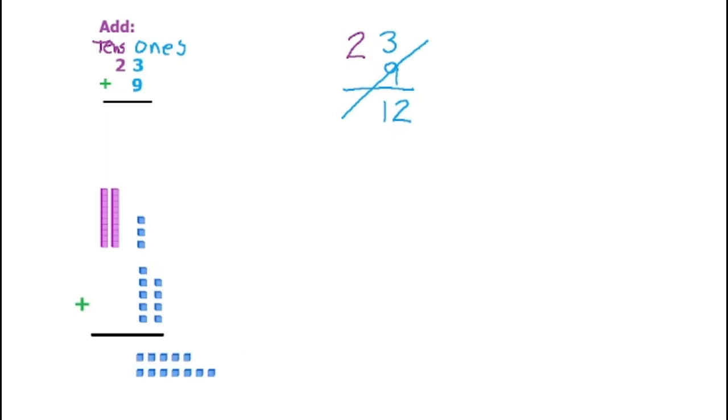And we can't leave it like this, right? Because you can't have greater than 9 in the ones. So we would have to take these 9 blocks and move them to the tens.